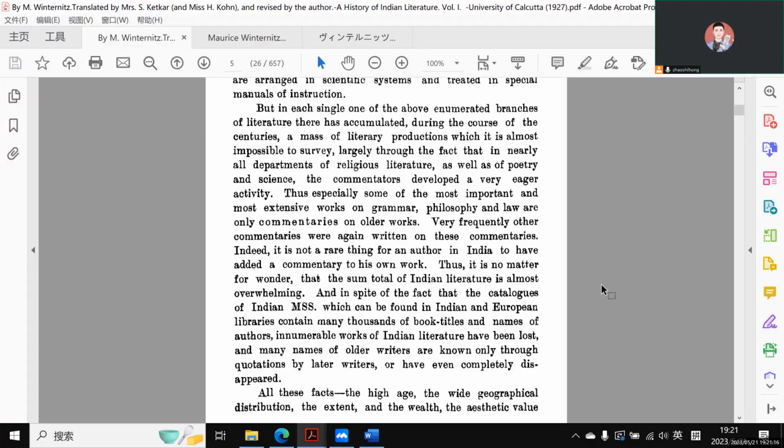As far as I know, these three are the fundamental and basic writing materials for the preservation of ancient Indian literature. And what's the relation between the modern edition and these writing materials? Even the latest modern edition of ancient Indian texts can be traced back to these very old Indian manuscripts.